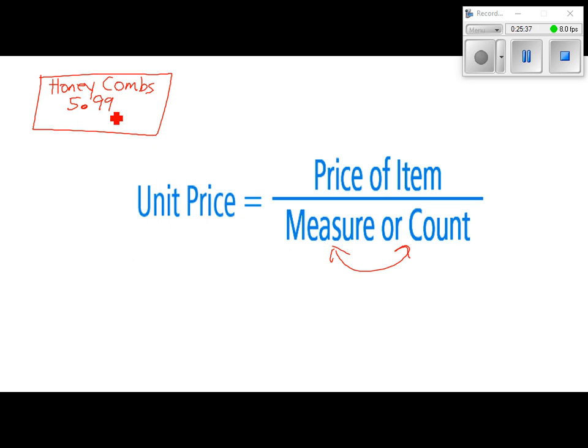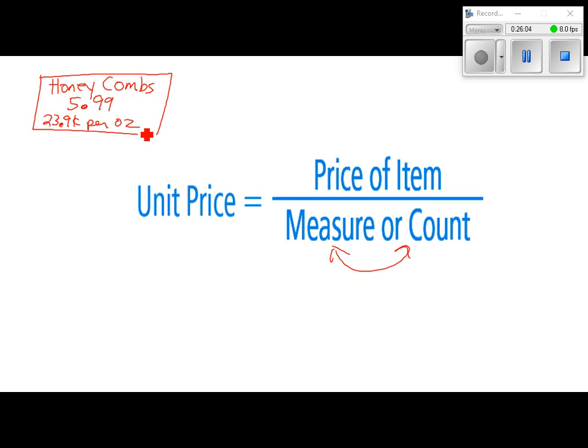$5.99. Then down here, some of them will say unit price, and some of them will just say something like this: 23.9 cents per ounce. That's the unit price. And they found that by taking this price and dividing it by how many ounces are in that box. That's all you do.